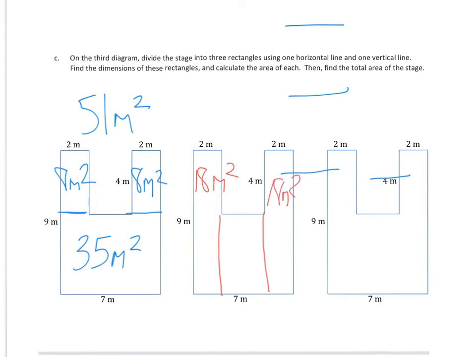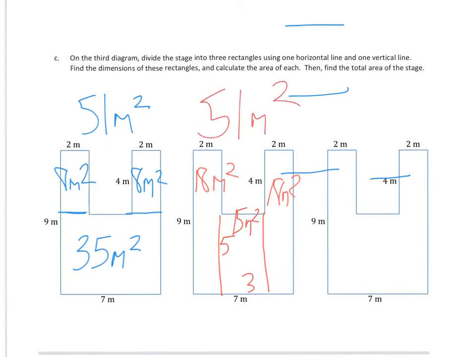And then this guy, well, let's see, it lost 2 meters on this side and 2 meters on this side, so now this base is 3 meters multiplied by the 5 meters that we're left over with here. So here I'm going to write in the new dimensions, 3, 5, for a grand total of 15 meters squared. If we add them all up, that gets us to 51 meters squared again.